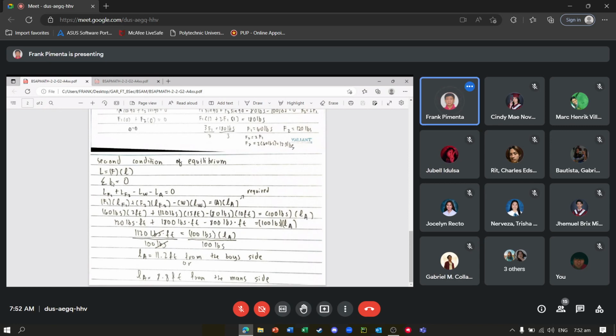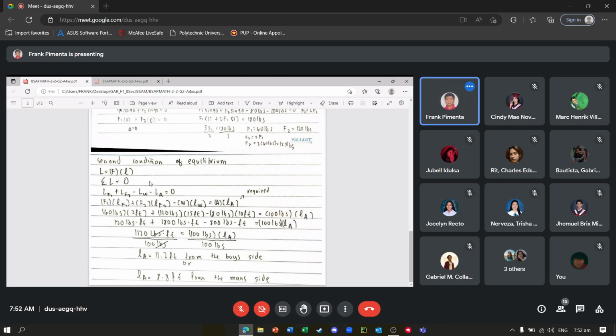The formula for the second condition is algebraic sum of L equals 0. If you write this formula, you must put the assumed direction. Clockwise positive, counterclockwise negative, so that you will understand bakit naging positive ito, bakit naging negative yan. Kasi itong sinusunod na direction.